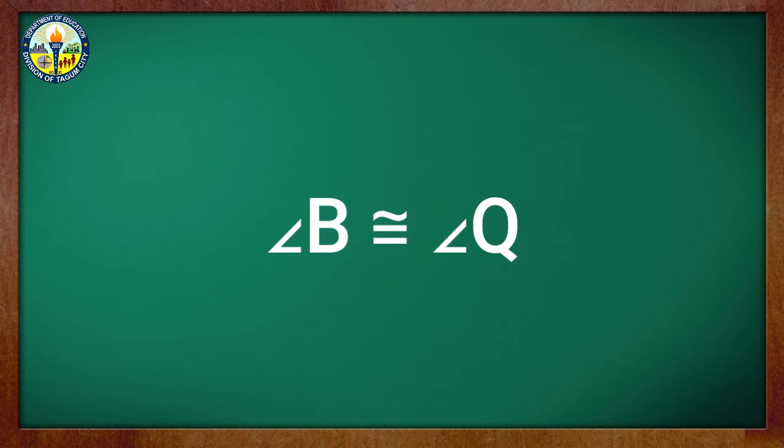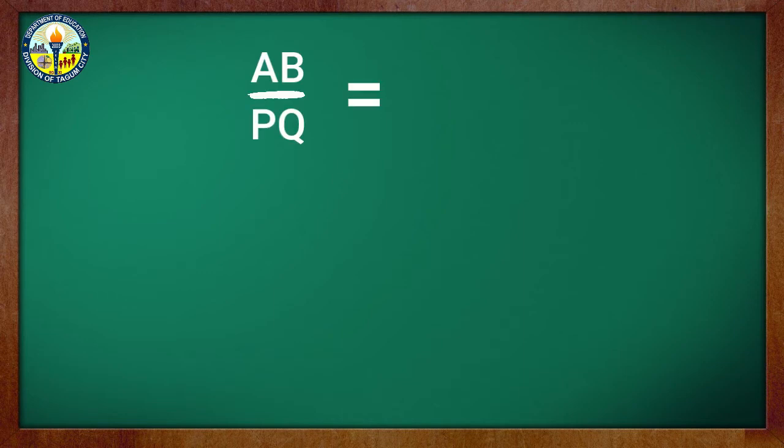Angle B is congruent to angle Q, no problem with that. Side AB over side PQ is equal to side BC over side QR.